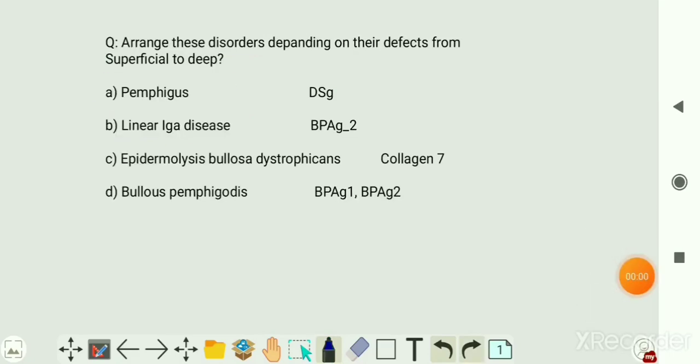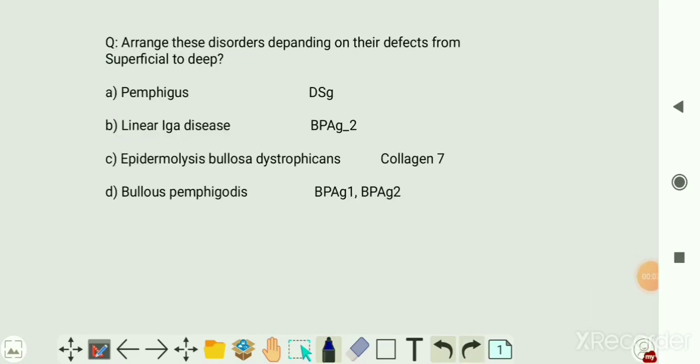As we have earlier discussed, bullous pemphigoid is due to defect of both BPAG1 and BPAG2. If BPAG1 and BPAG2 are both given in the options, then mark BPAG2, because BPAG2 is more involved in causing bullous pemphigoid than BPAG1.